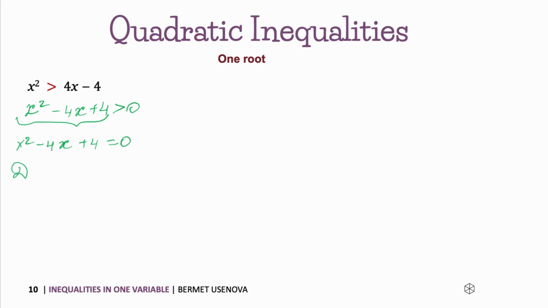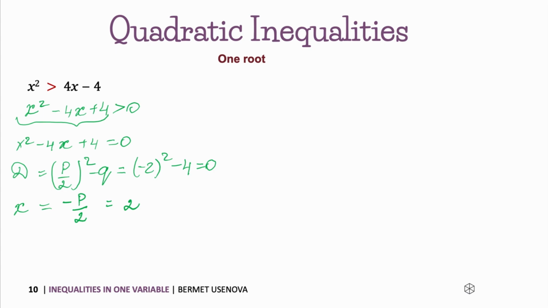If we find the discriminant with the formula p divided by 2 squared minus q, it's minus 2 squared minus 4, which is equal to 0. So there will be only one root. x will be equal to, as you remember, minus p divided by 2, which is 2.